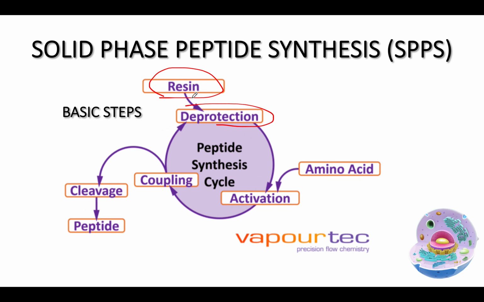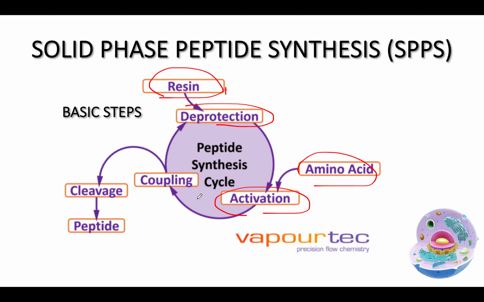When you deprotect the resin, it exposes its amino group, which then, if you add your first amino acid and activate it, you can form a coupling reaction, and then your amino acid is now bound to the resin.